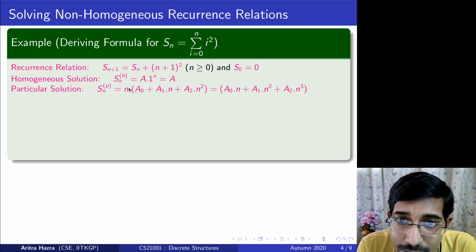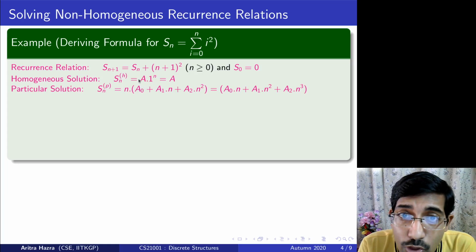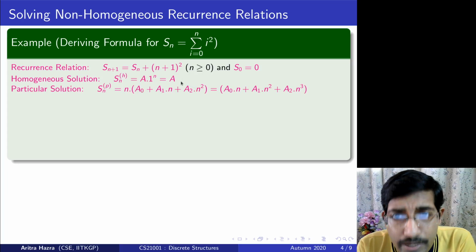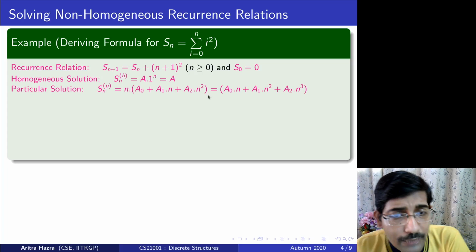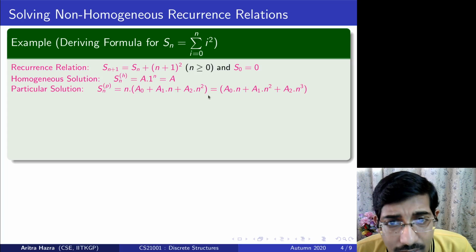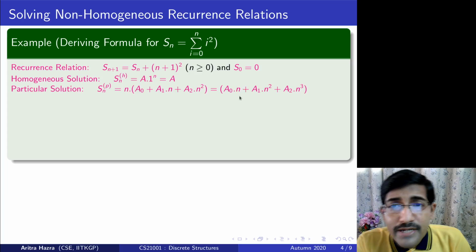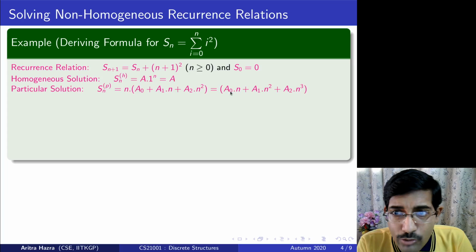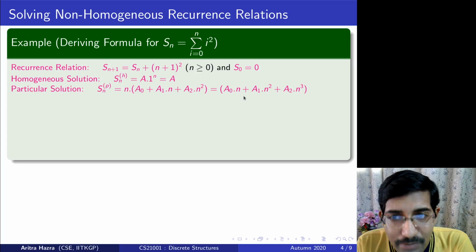This is the smallest n to the power s, because a0 otherwise is dependent on the homogeneous solution. If any of these terms is dependent on what I computed in homogeneous, I need to multiply the whole thing with the minimum s, that is n to the power s, which gives me a linearly independent particular solution than the homogeneous. Since it has a constant, I could not have a constant here. So this is my particular solution.